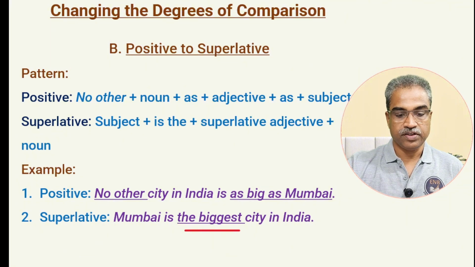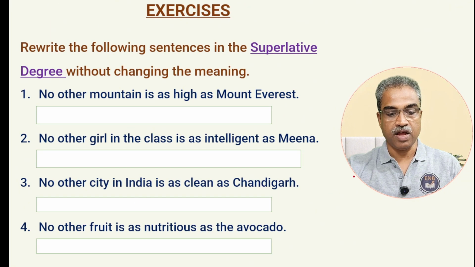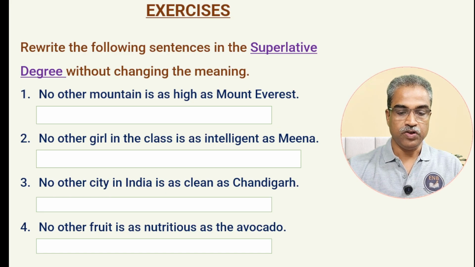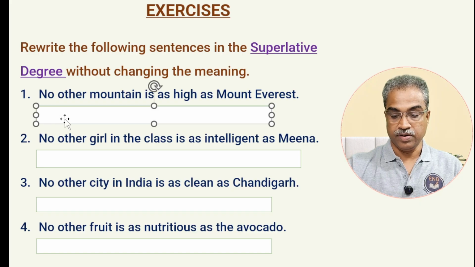Now let's do some exercises here. Some examples, let us see. Rewrite the following sentences in the superlative degree, of course, without changing the meaning. No other mountain is as high as Mount Everest. So, Mount Everest is the highest mountain.